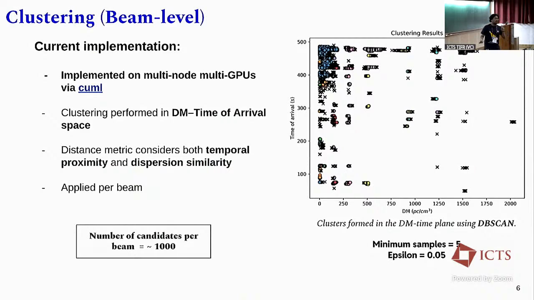Clustering will happen on individual beams, and we have implemented this using QML. Here you can see we are doing it on the DM and time of arrival plane, and after clustering the number of candidates, usually thousands to millions, is reduced to thousands of candidates per beam.